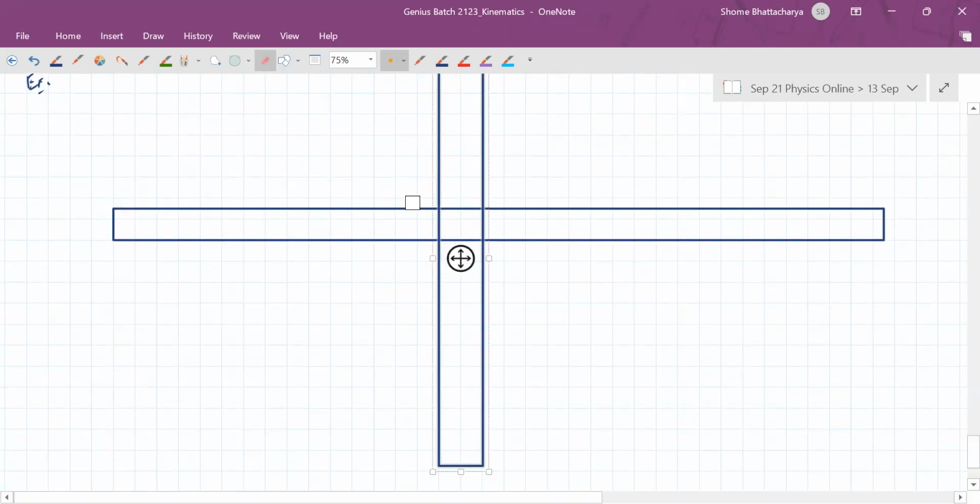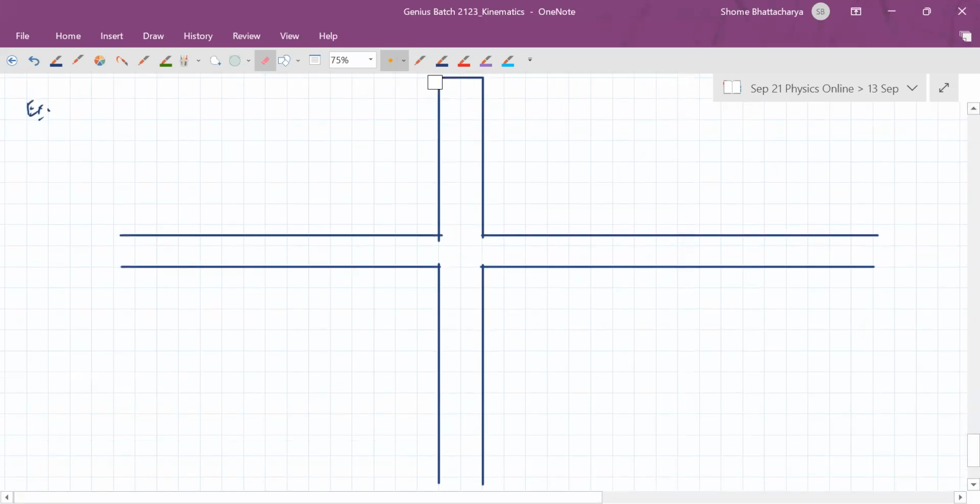It's like a regular perpendicular intersection of two roads. Now we have two cars that are simultaneously moving towards the intersection. Let's say A and B are two cars like this.